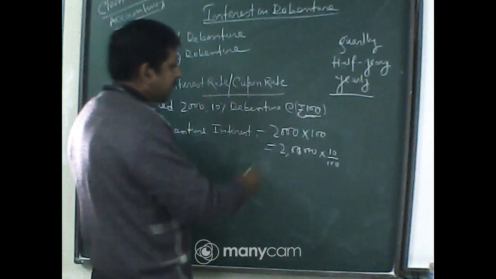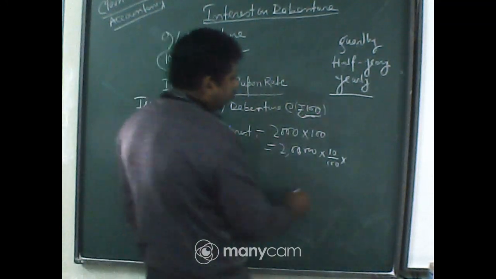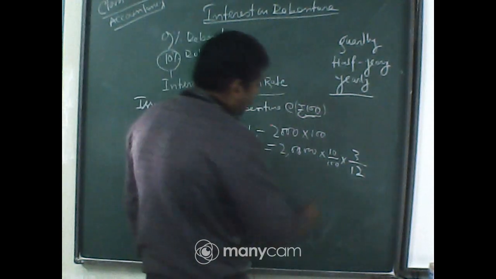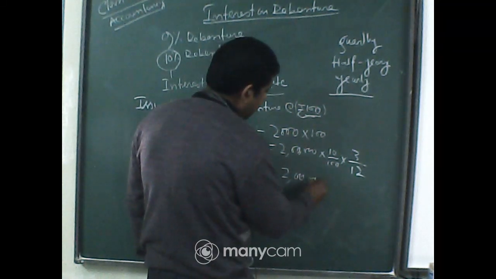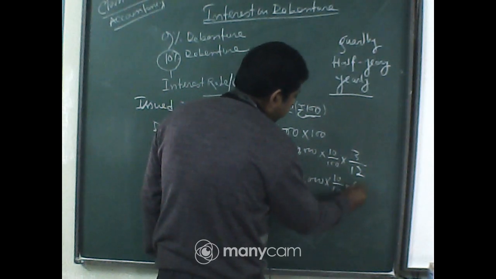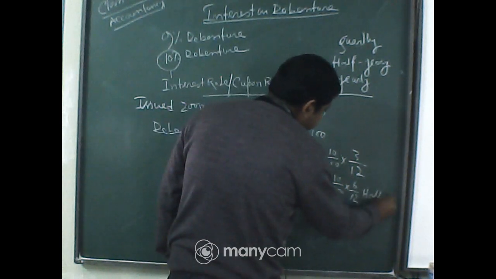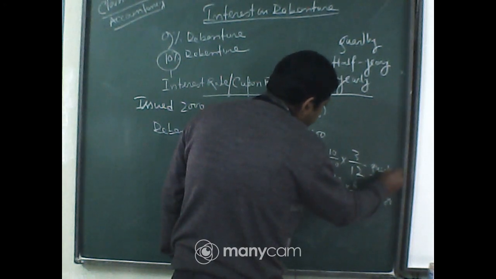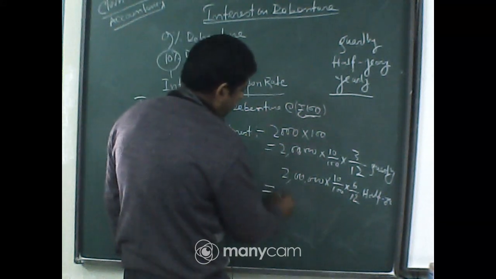If you give interest quarterly, then from the interest of the whole year you have to take 3/12. If you want to give the 6-month interest, that will be 2 lakh multiplied by 10/100 into 6/12 for half yearly. And for annual interest, it is 2 lakh multiplied by 10/100, that is the total yearly interest.